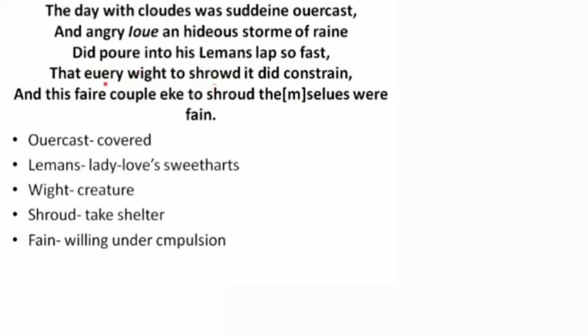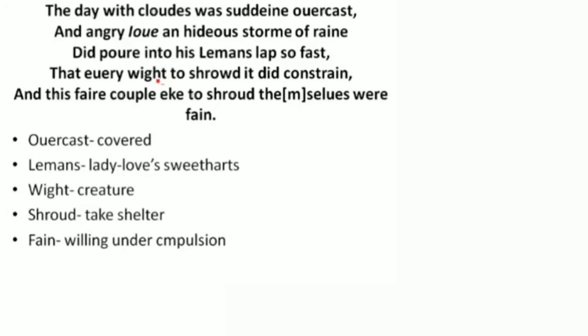Wight is the creature, that everyone. As they were passing, suddenly the sky became overcast, it was covered with the clouds, and the angry Jove sent a horrible storm with the rain, and the lady and everybody around was forced to take shelter, to look for shelter.